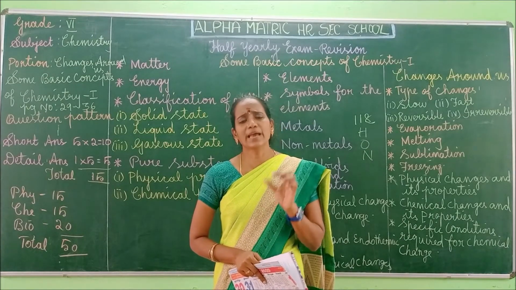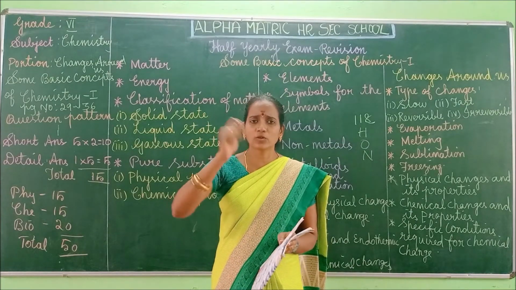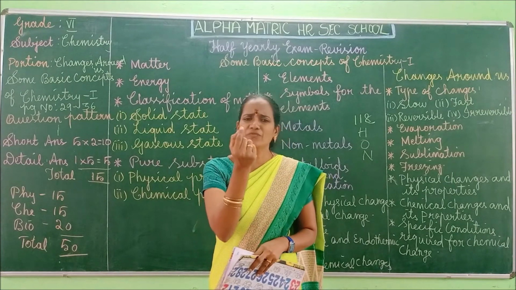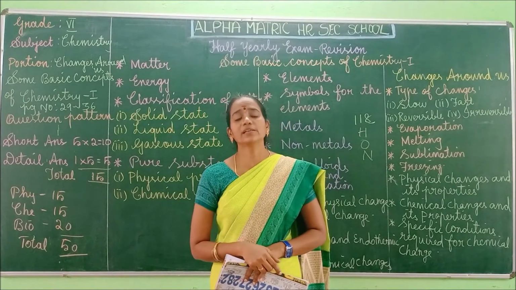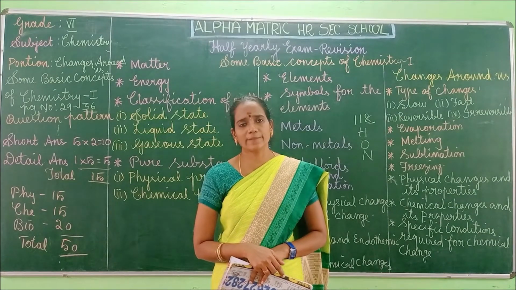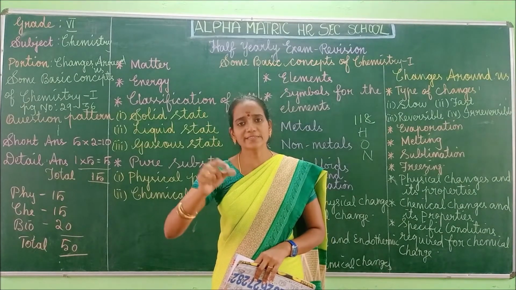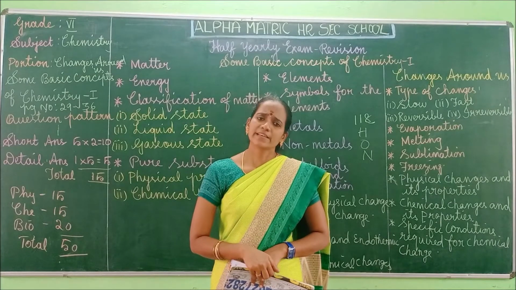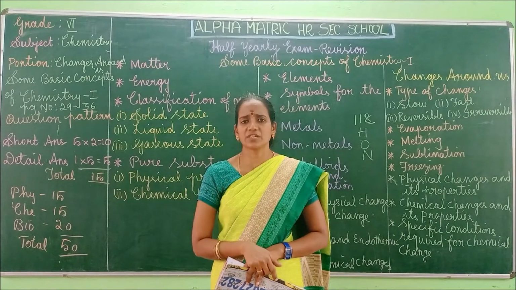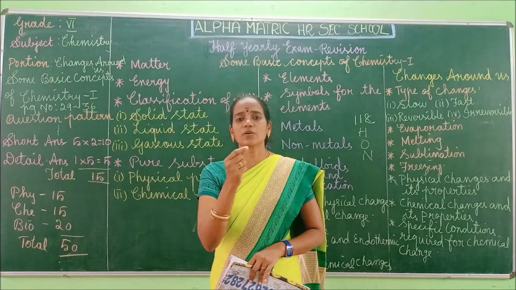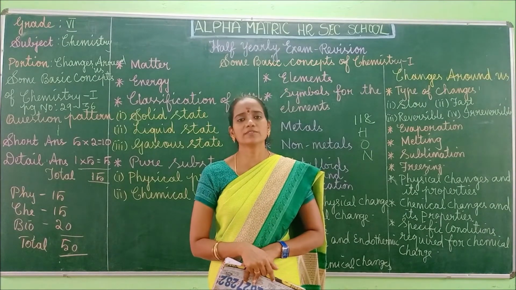Metals can be hammered or beaten into very thin sheets. This property of metal is called malleability. Metals contain this property. For example, aluminium: by using this property, aluminium can be transformed into silvery foils.